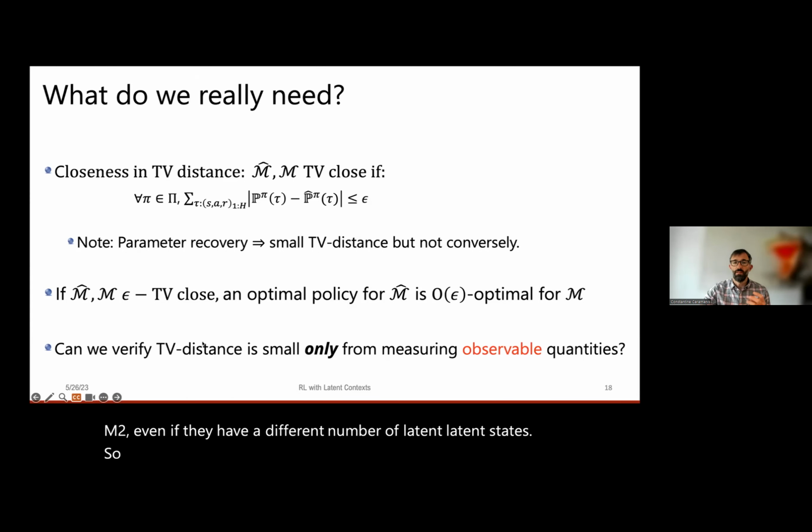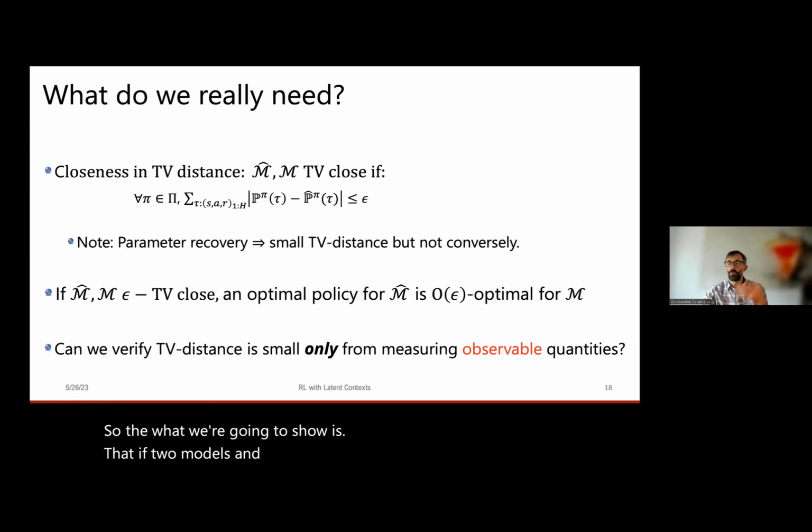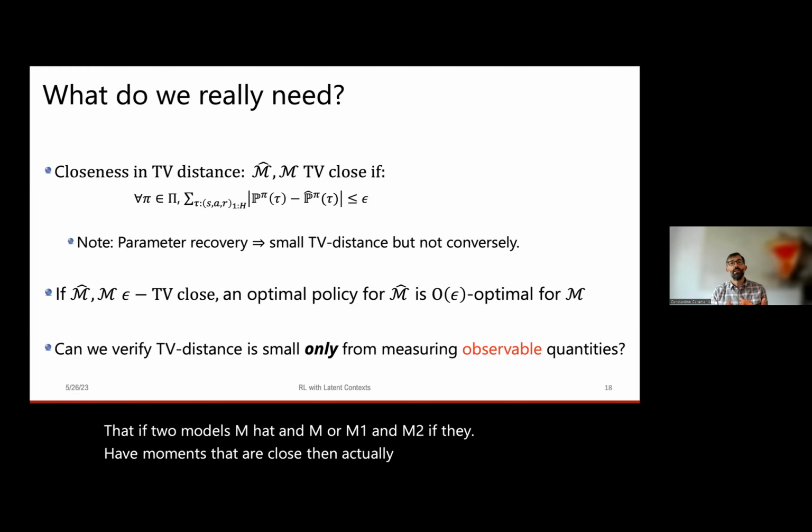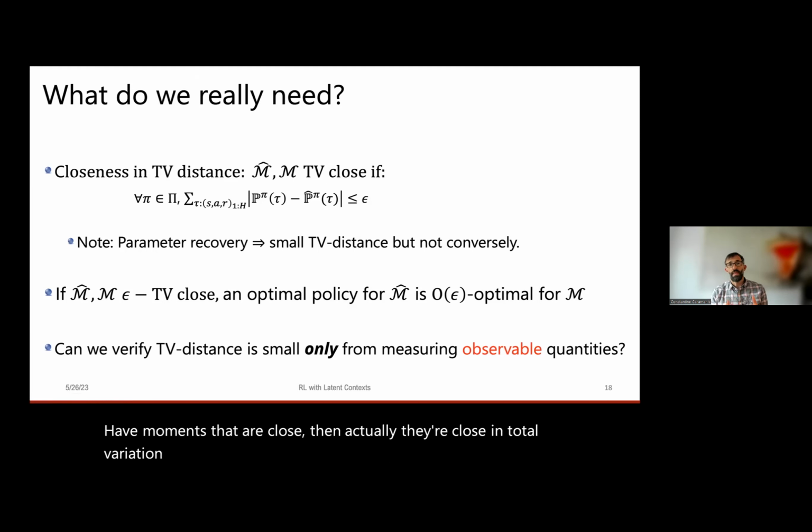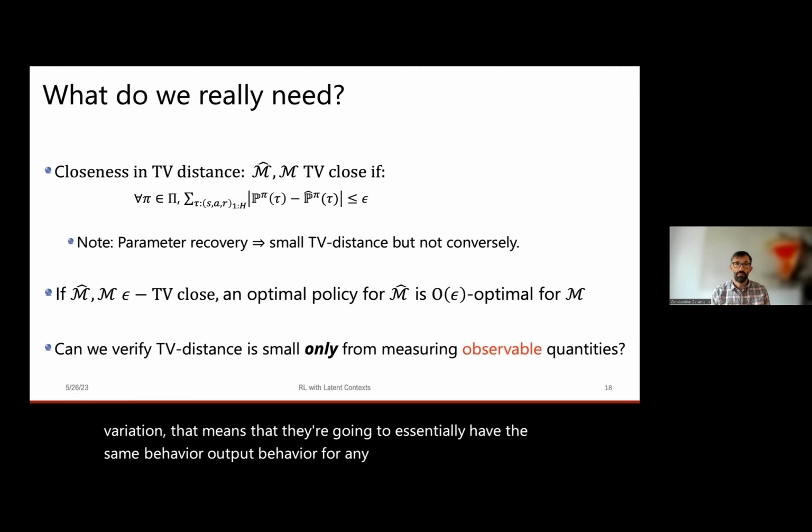So what we're going to show is that if two models, M hat and M, or M1 and M2, have moments that are close, then actually they're close in total variation. That means that they're going to essentially have the same output behavior for any given policy. And that's all we need.